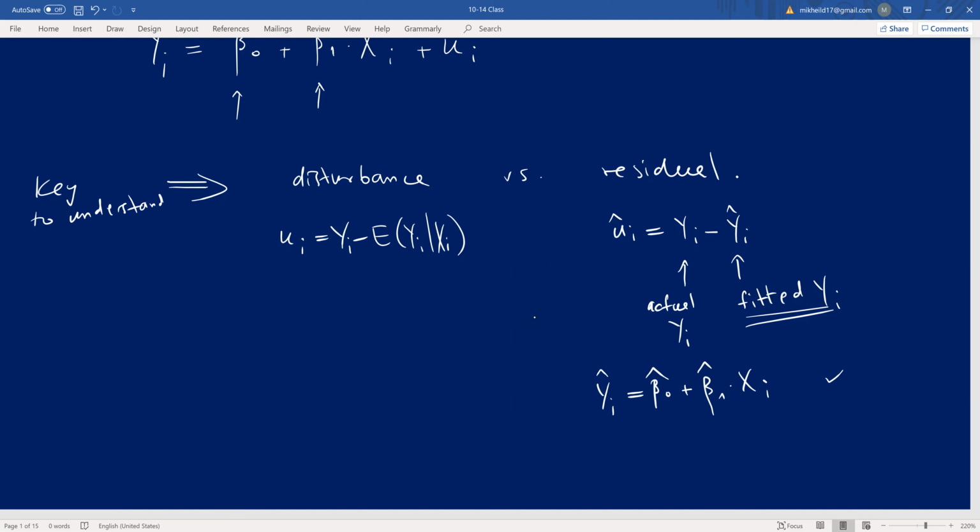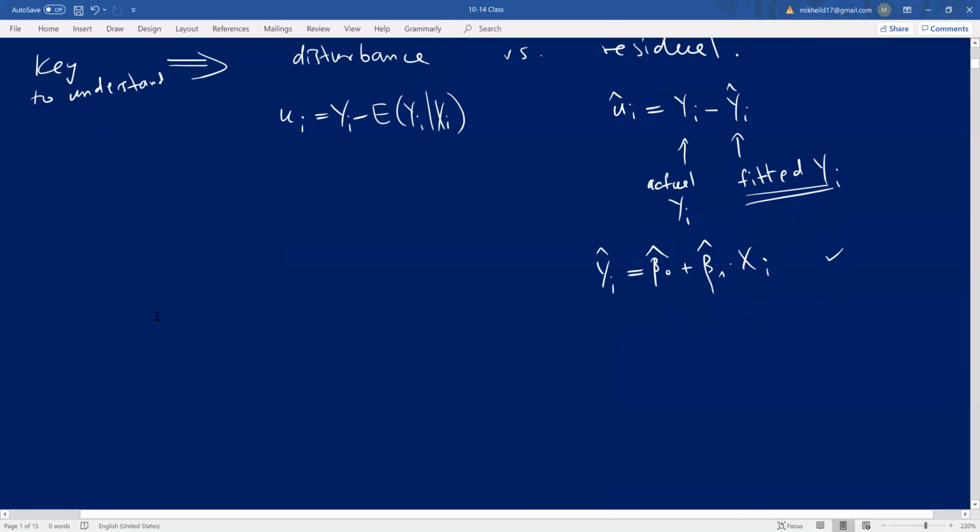So that's all. Now, this beta 0 hat and beta 1 hat are the estimators for beta 0 and beta 1, right?